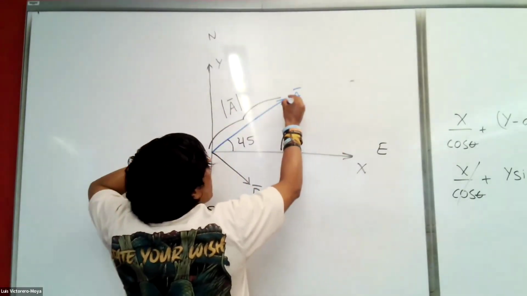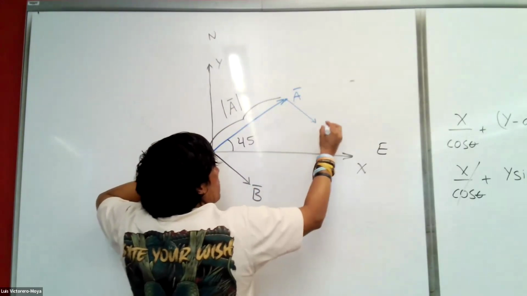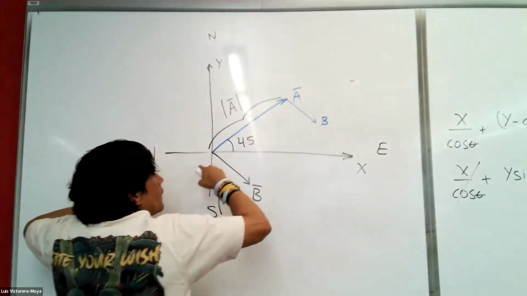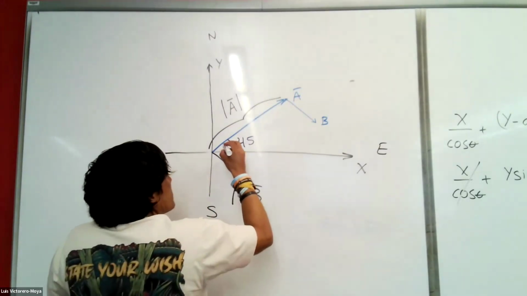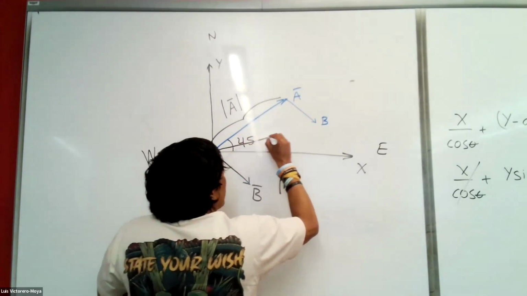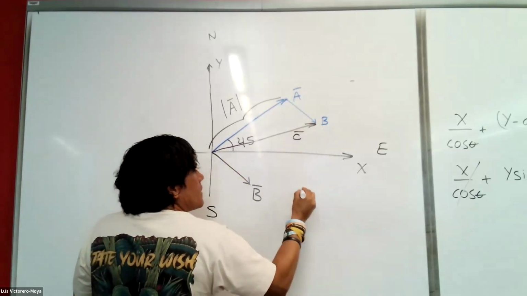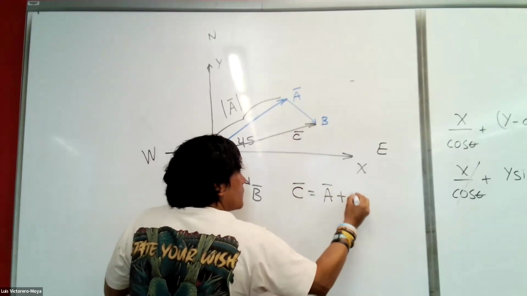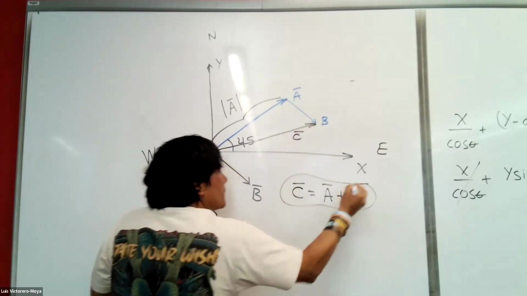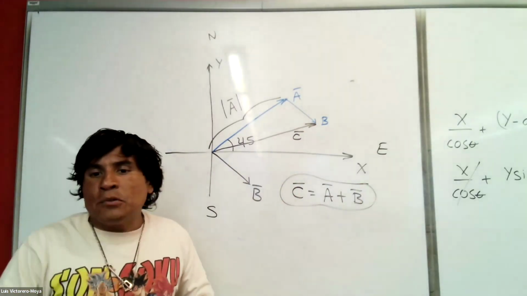Here, so there. That's vector B. So A plus B will give you vector, let's say, C. Like that. This new vector C is A plus B.